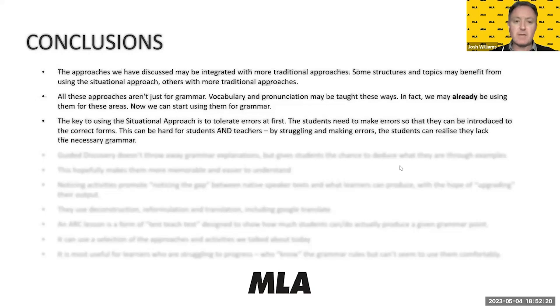Okay? It can be hard for students and teachers, so you need to be tolerant. You can't correct them until afterwards, if they're making the same errors after they've been given all the information. Okay, I think the errors are there at the beginning as a sort of realization that they lack this language.